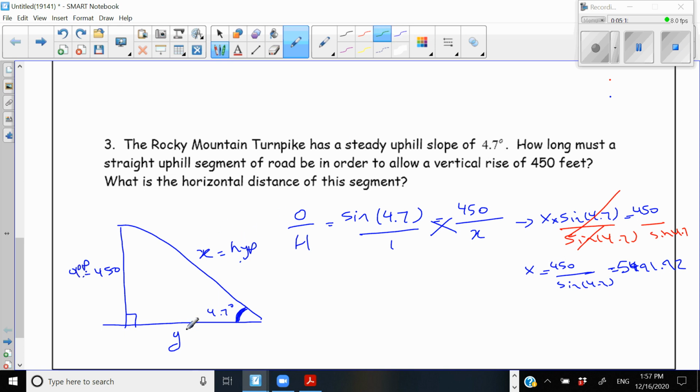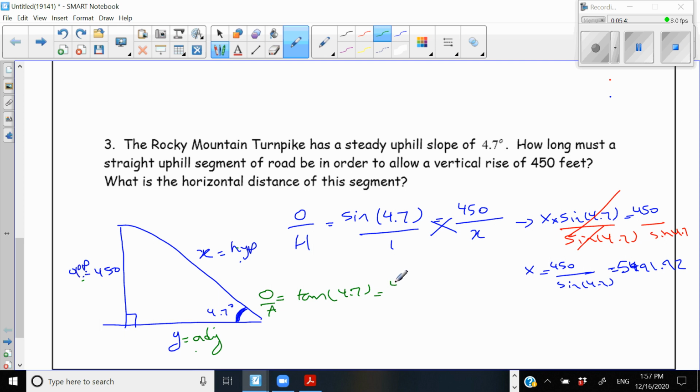Now, how do I find the other side, y? I know that if I have this angle, the side right beside it is going to be the adjacent side. This one is the hypotenuse, this one adjacent. Now, using opposite and adjacent, what function can I make? I can make tangent. Tangent of 4.7 is equal to opposite over adjacent.